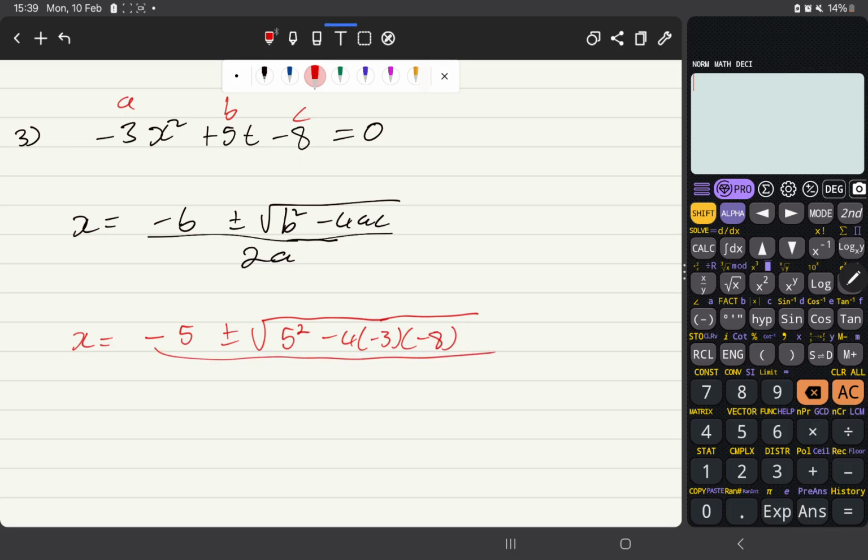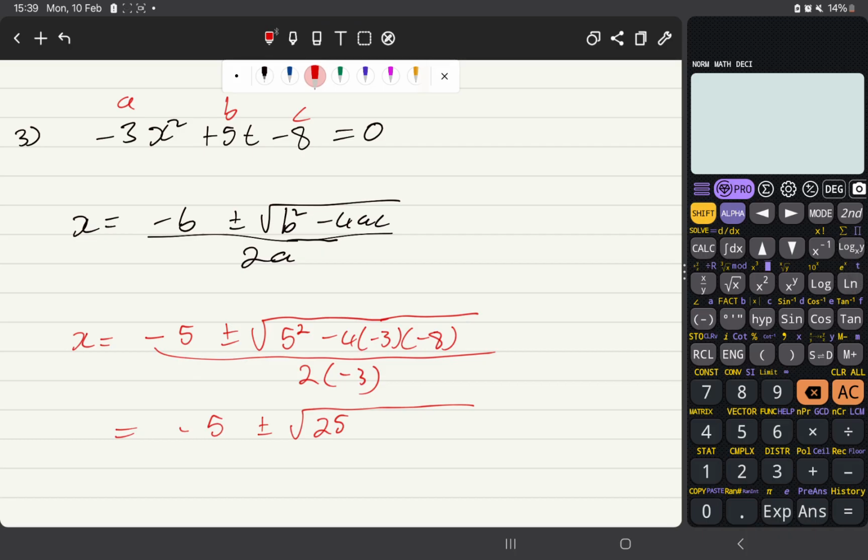The whole thing divided by 2 times negative 3, right? This right here is 25. I'm a little bit scared right now. Let me see, I recorded the problem right. Cool. So here I'm going to have 25 coming from 5 squared.